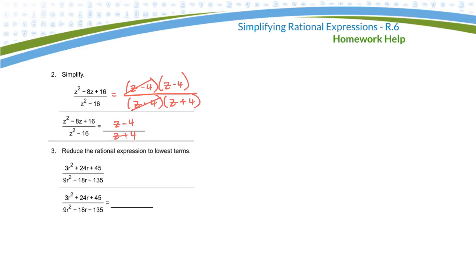Next question, looks like I can factor a 3 out. And so I'd be left with r squared plus 8r plus 15. On the bottom, I bet I can factor a 9 out, leaving me with r squared minus 2r minus 119, I think.